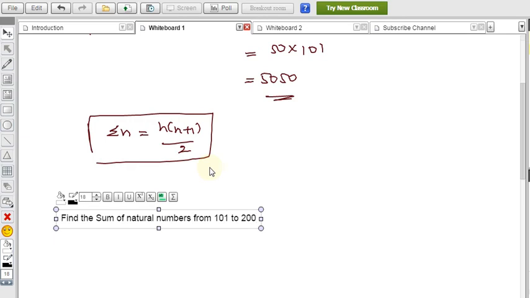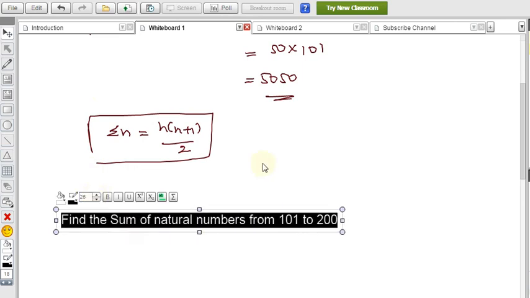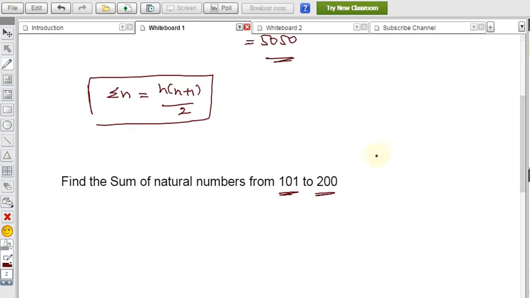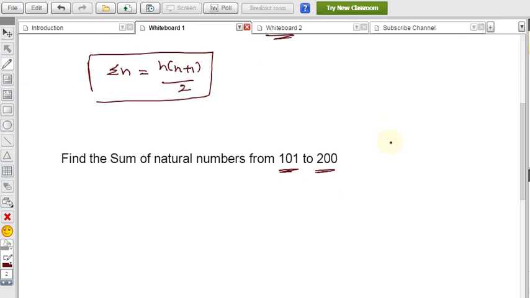In this question it is not asking from 1 itself. The previous formula we use only if the question is asked from 1 to a certain number. Now they're asking from 101 to 200. So from the total up to 200, if you subtract the sum of the first 100, then you'll get it.